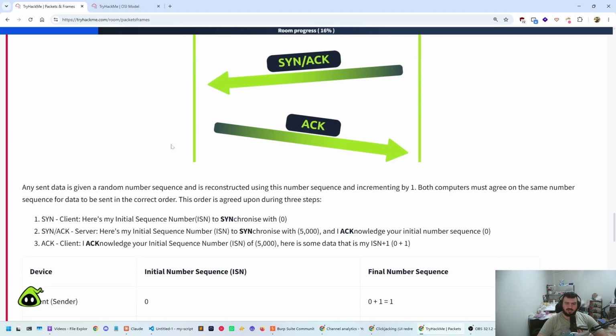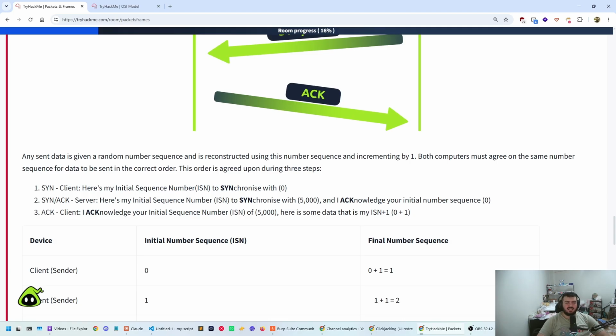So ACK, or acknowledge. Any sent data is given a random number sequence and is reconstructed using this number sequence, incrementing by 1. Both computers must agree on the same number sequence for data to be sent in the correct order. This order is agreed upon during 3 steps. The very first step is SYN, which is the client. The client says, here is my initial sequence number, ISN, to synchronize with: 0.